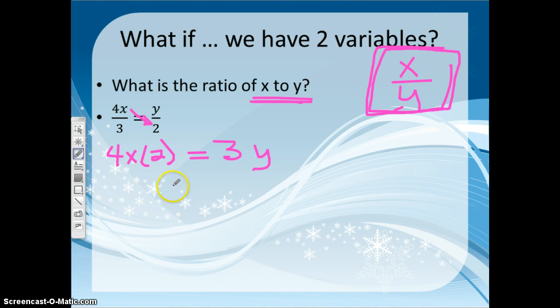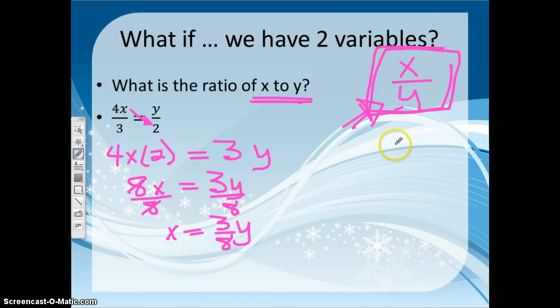Now this is starting to look a little familiar, huh? Let's multiply these, simplify that side. 4 times 2 gives us 8x is equal to 3y. What do we want? We want this right here. What does it look like? X over y. We've got x in a good place, but we don't want that 8. 8 divided by 8 is equal to 1.